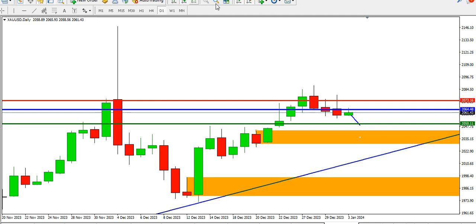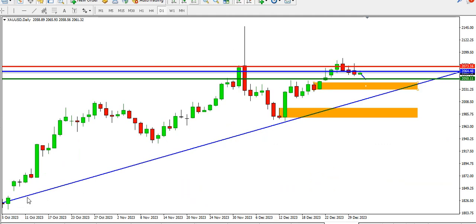But be that as it may, we have this ascending trend line between the two other blocks. Price might find support at the midpoint and then continue upward.